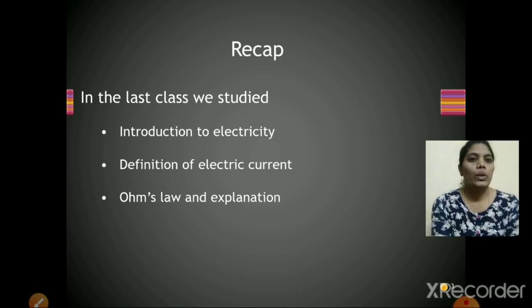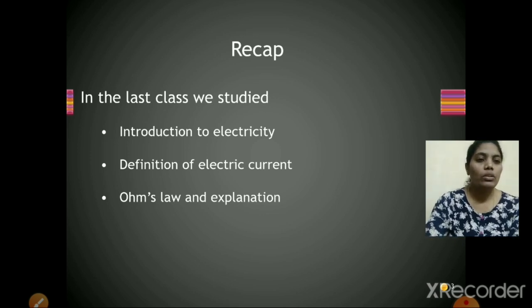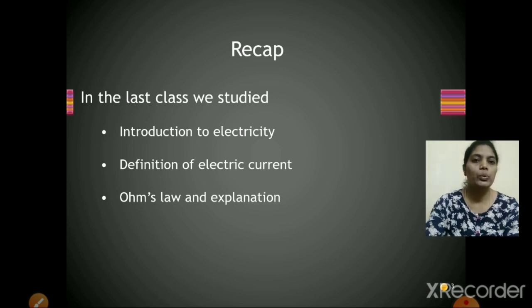But when we give some external force to this atom, there may be a gain of electrons or a loss of electrons. This gaining or losing of electrons leads the electrons to flow. So this flow of electrons is simply electric current or electricity.